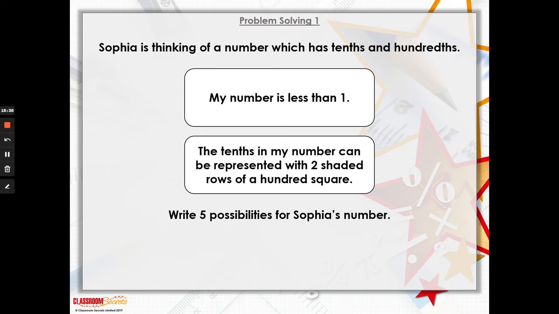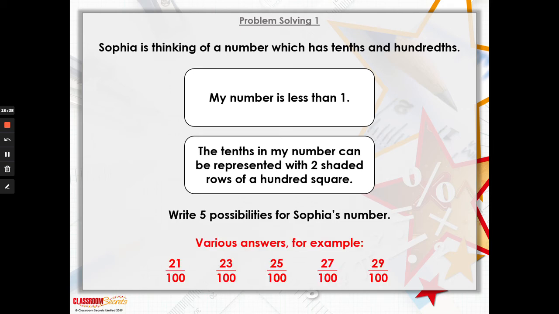Okay, we're back. So, looking at the answers here, you can have loads. Remember, the tenths in my number can be represented with 2 shaded rows of a 100 square. There were quite a few answers for this. As long as you had 2 tenths, because all of these have 2 tenths, then you're correct.